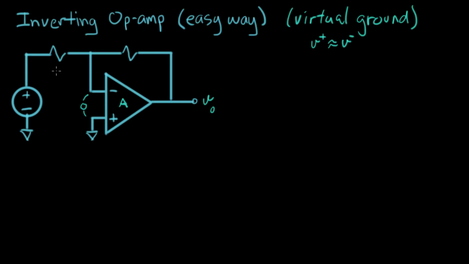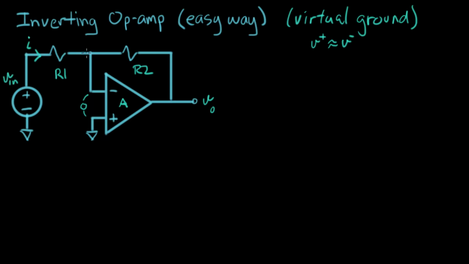Okay, so let's do the analysis again. This was R1 and this is R2. And we have a current flowing here called I. And we can write an expression for I. So the voltage on this side of the resistor is Vin.